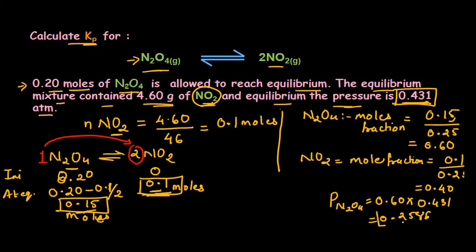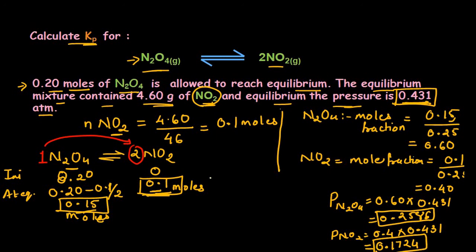So this is the partial pressure of N2O4. The partial pressure of nitrogen dioxide is again the mole fraction 0.40 multiplied by 0.431. This gives us the value 0.1724. So the partial pressure of nitrogen dioxide is 0.1724.